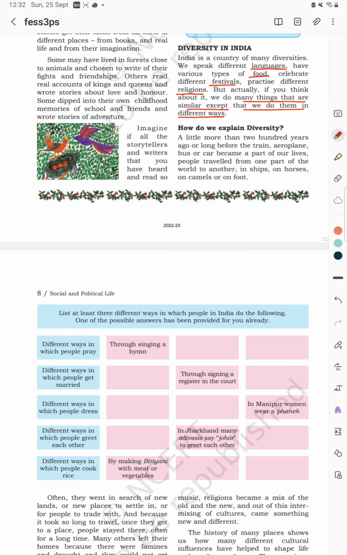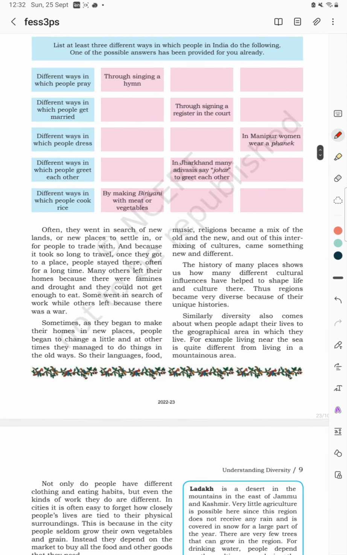Before the invention of the train, plane, bus, or car, people used to travel from one place to another in ships, on horses, on camels, or on foot. Often they went in search of new land or a new place to settle in, or for people to trade with. Because it took so long to travel, once they got to a place, people stayed there, often for a long time.